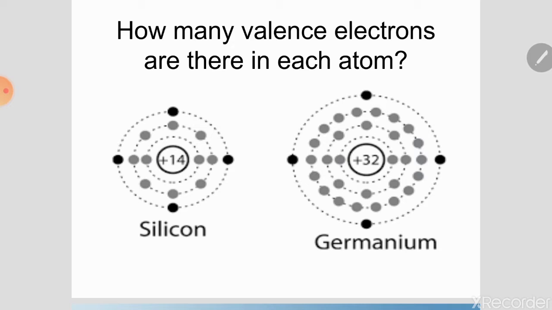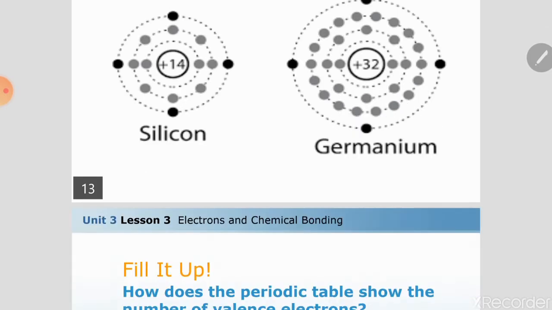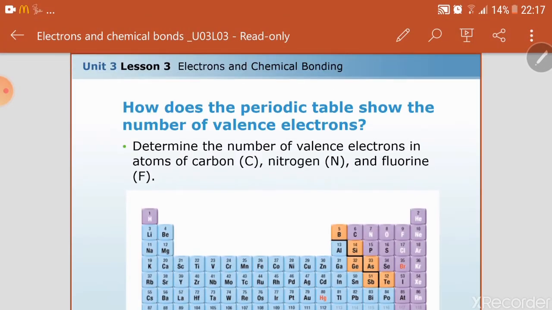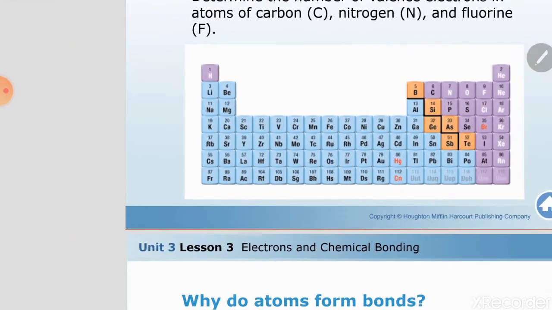So here you have to differentiate between the atomic number that gives the total number of electrons and the valence electrons. Let's go to the periodic table. Here is the periodic table.